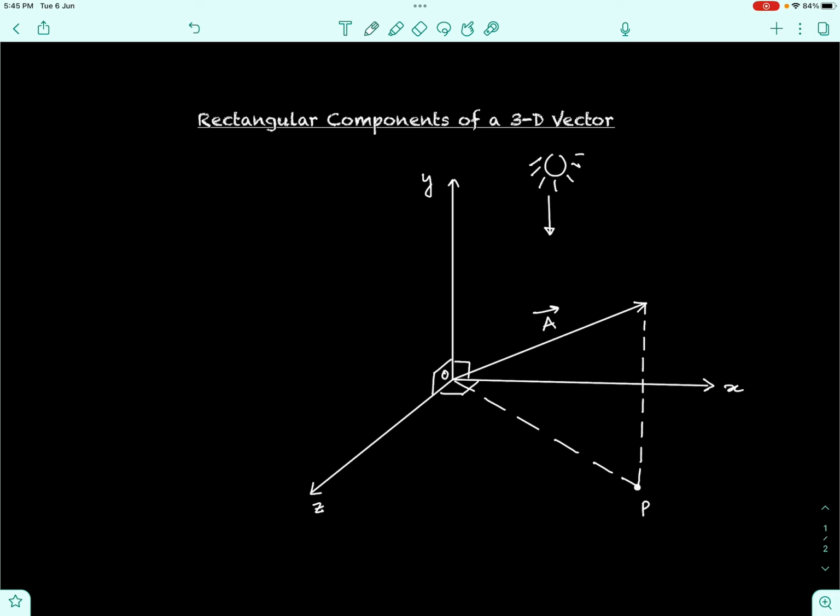Okay. Now, from this base line OP, the shadow of vector A, we can draw perpendiculars on the x and the z axis to get the components of vector A along the x and z axis. So, how would it look?